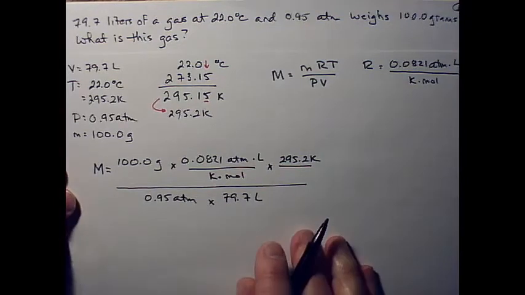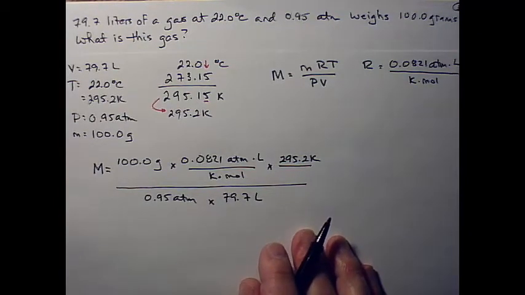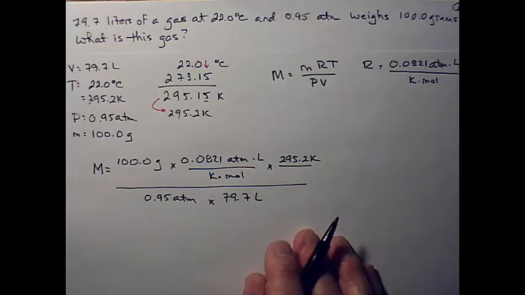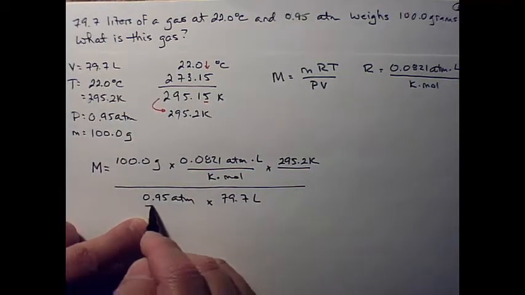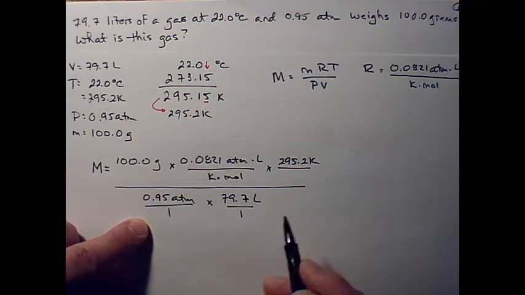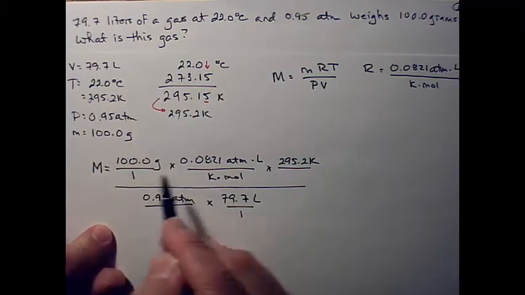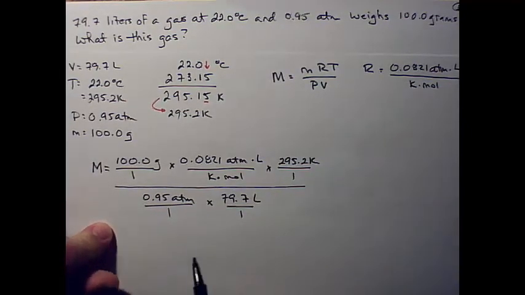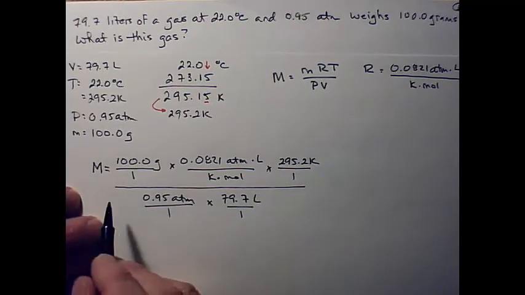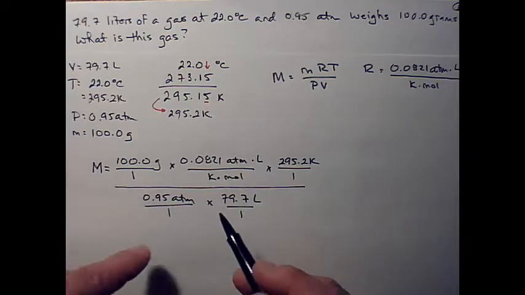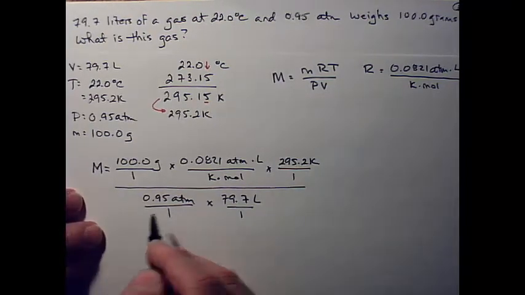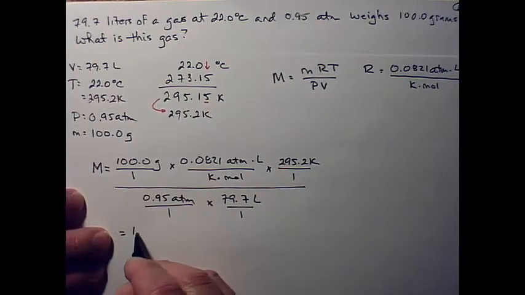Okay? This is a mixed fraction or a complex fraction, and I think in your math classes they say you resolve a complex fraction by multiplying by the reciprocal. Well, to have a reciprocal, we need to put these things on the bottom over 1, and it would be a lot easier if I put these over 1 as well, just to make everything work out nice and neat. Now, you can actually skip this step if you can look at this and see it. That's what I'm going to do. So if you skip this and you end up with just this, that's fine with me.